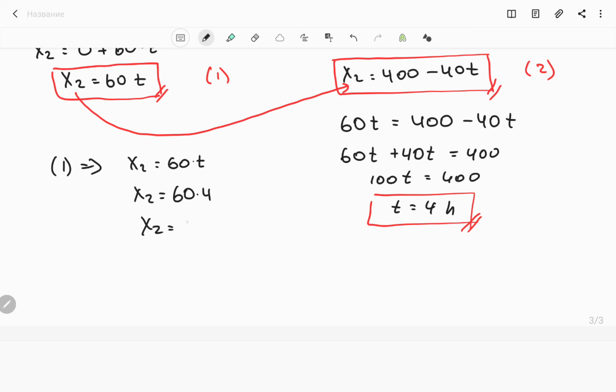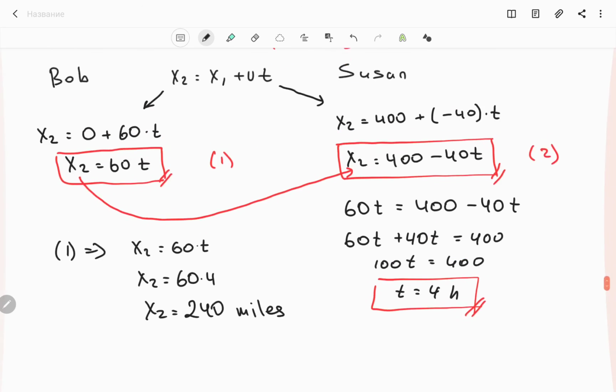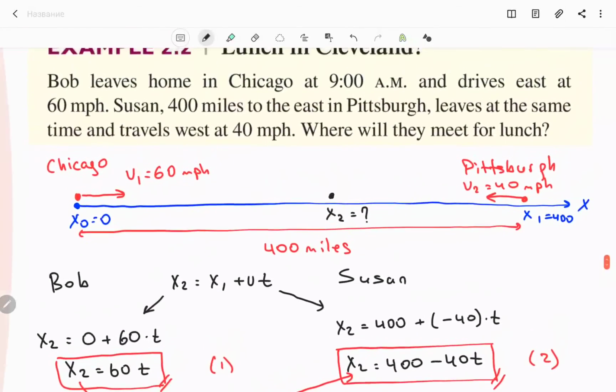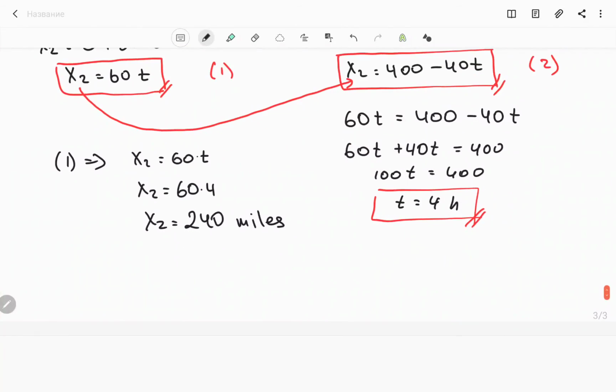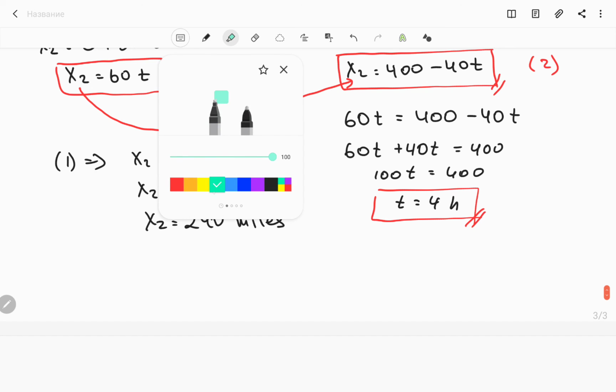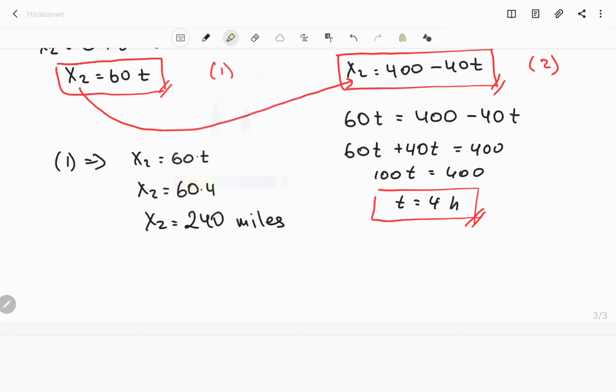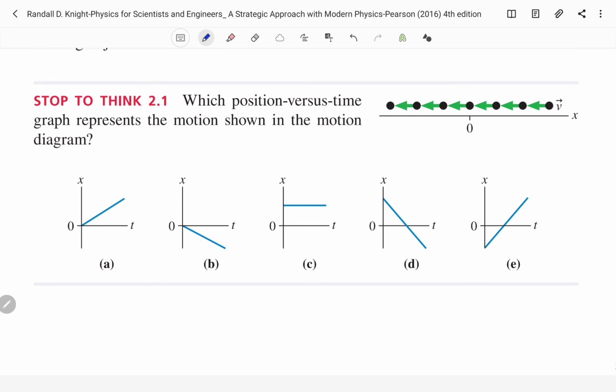So x2 equal to 240 miles. Yes, so this is the final answer. They will meet at 240 miles. This is a position and this will be our final answer.